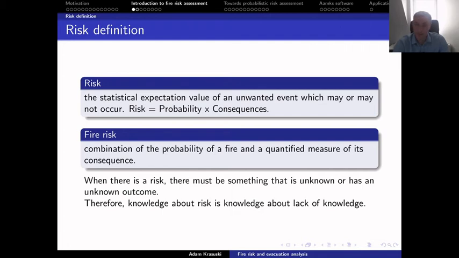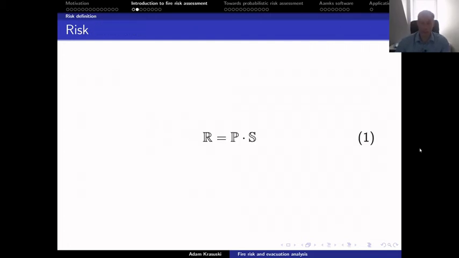But we are going now to concentrate on the risk calculation, and regarding the broadly accepted definition, of course there are some deviations from this definition. Risk is just the probability times the severity of the consequences.